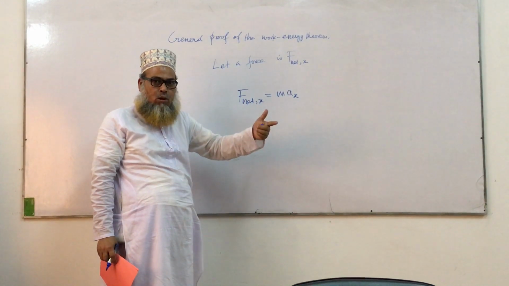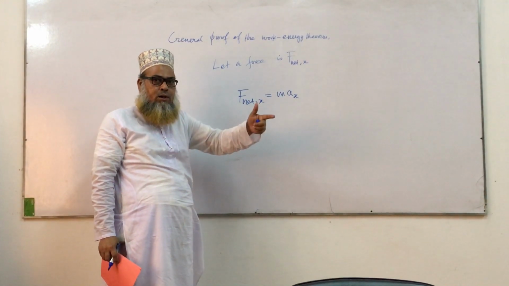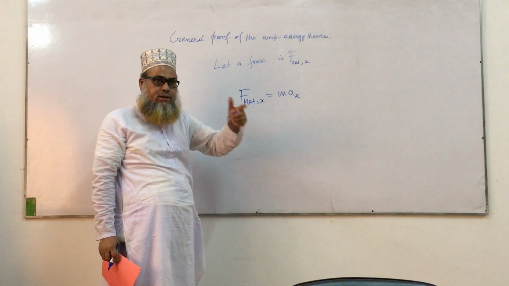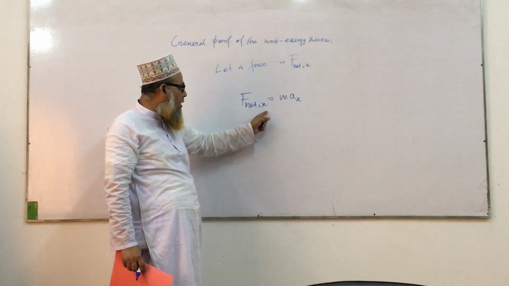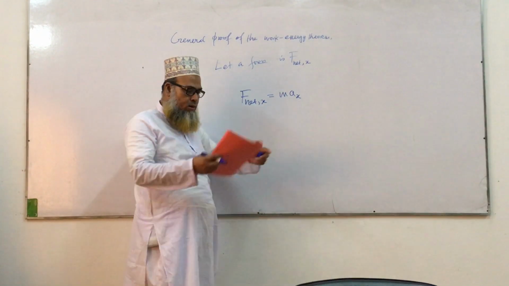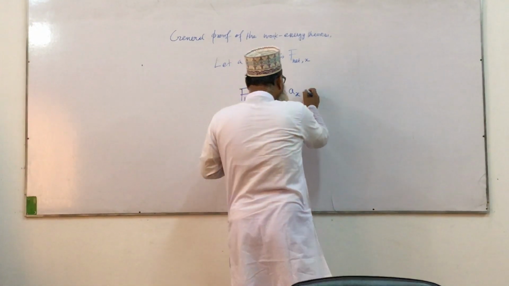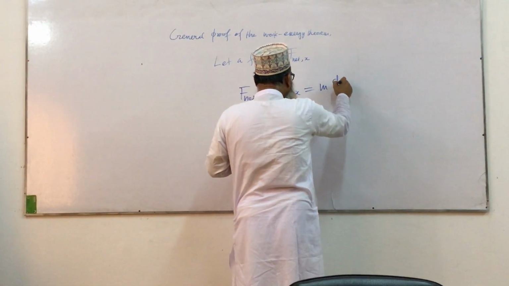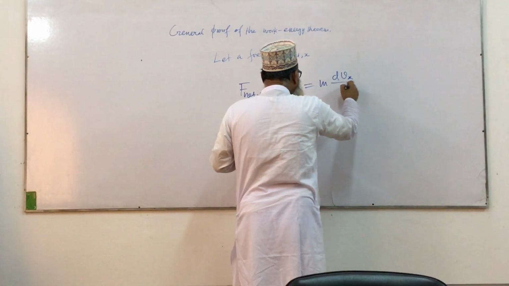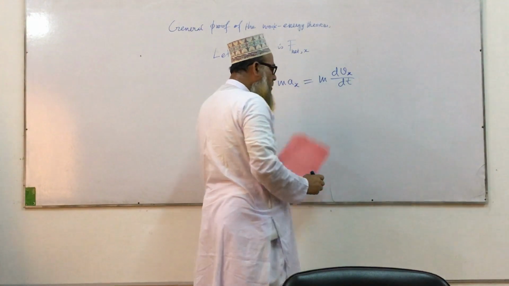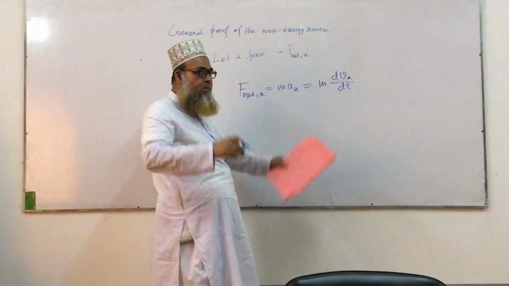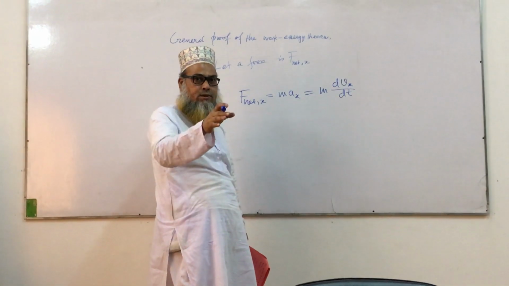Now a x can be written as dvx by dt, where vx is the velocity in the x direction.